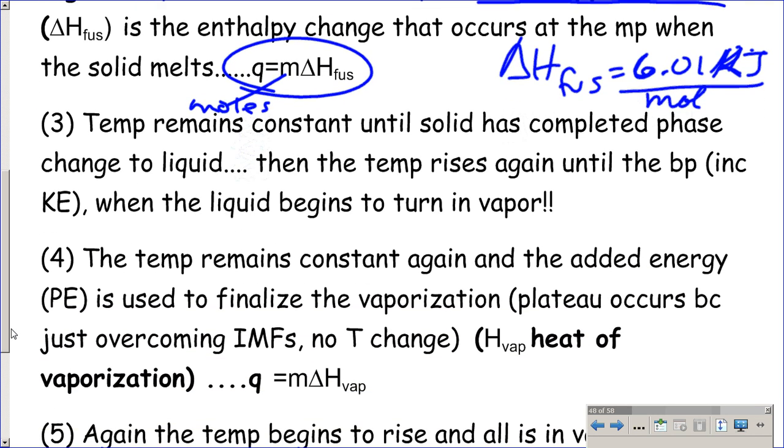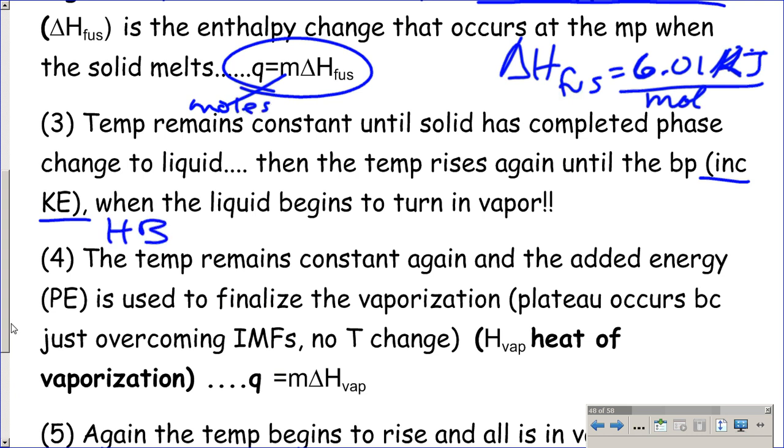Okay, so then again, we've got liquid phase. In the liquid phase, you'll increase the energy added, you'll increase the kinetic energy of the molecules. They overcome their small amount of IMFs that are still remaining. For water, what IMF is it? Hydrogen bonding.